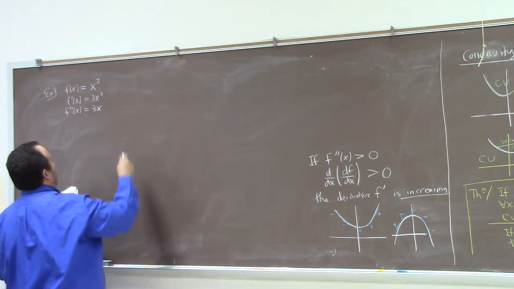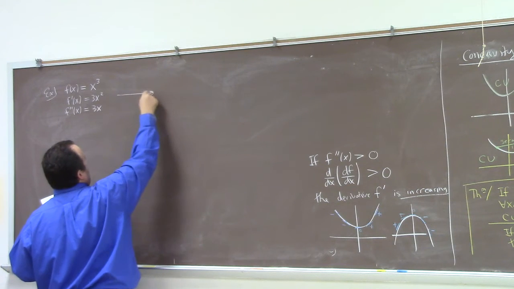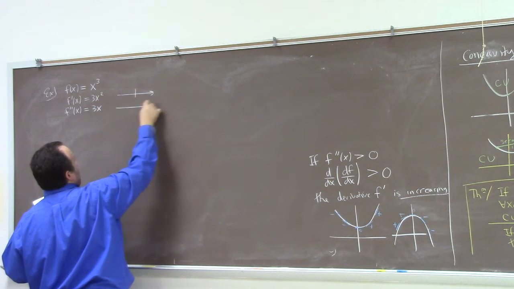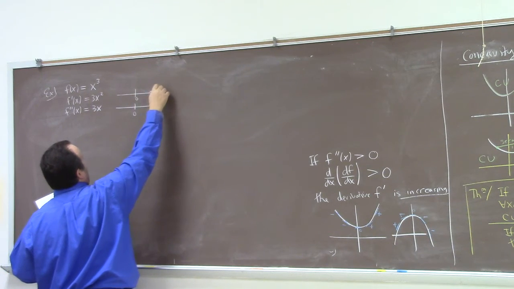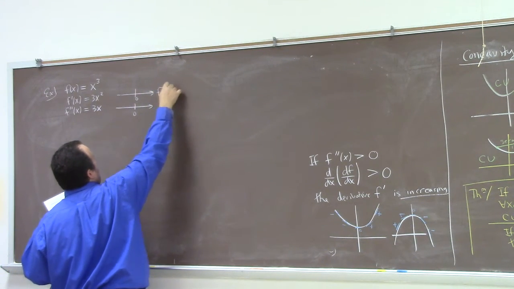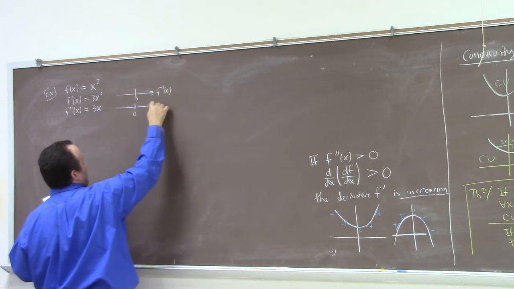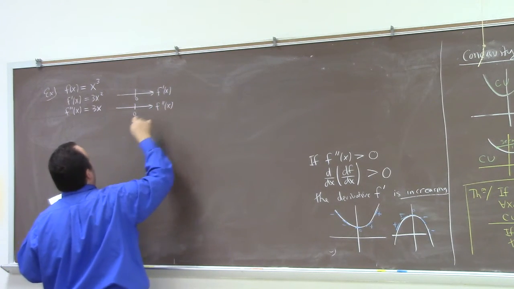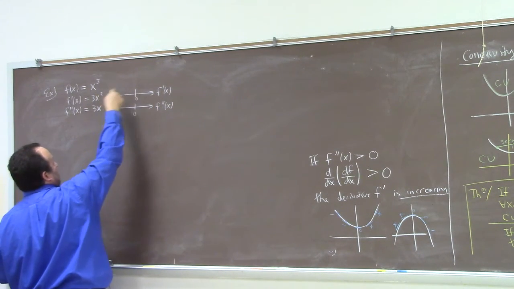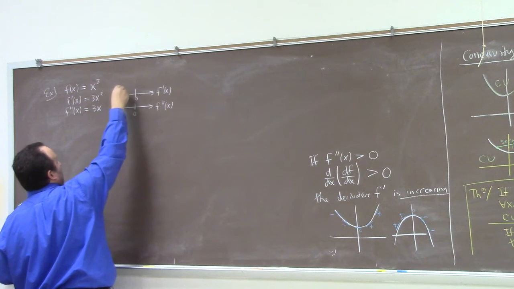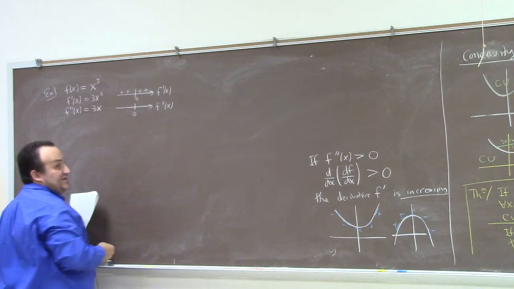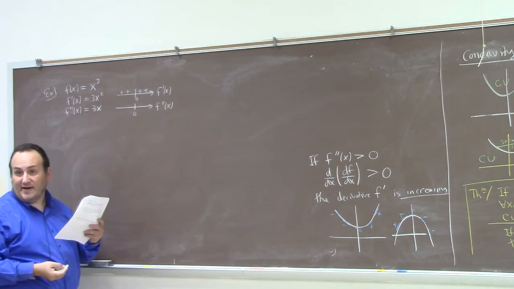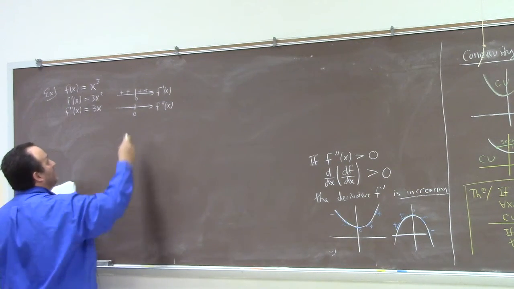So this is a nice example in the sense that 0 is the critical number for the derivative, but it's also the possible point of inflection for f prime prime. When you plug in points around 0 here, it's always positive. So this is case 3 of the first derivative test. It's neither a max nor a min, right?